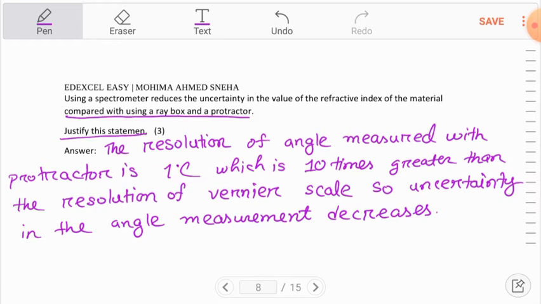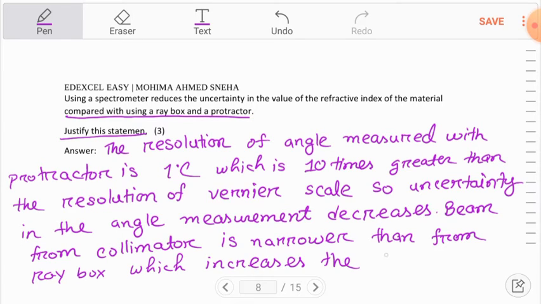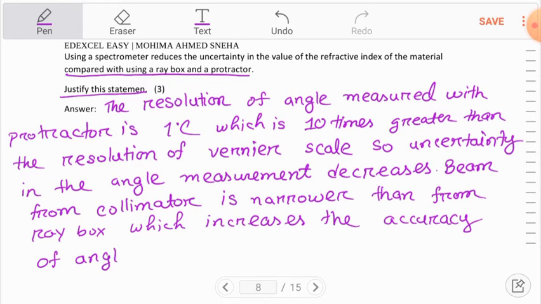The beam from the collimator is narrower than the ray box, which increases the accuracy of angle measurement. And with this our question number 2 ends. I hope question number 2 was clear.